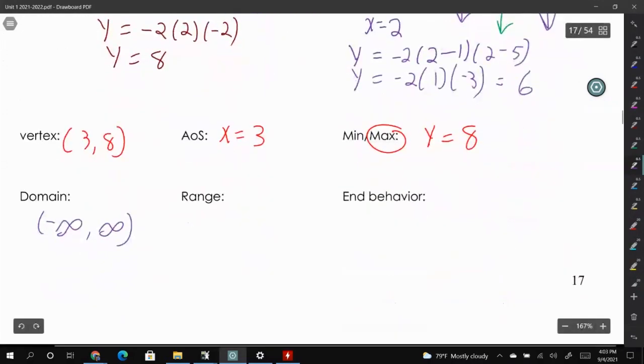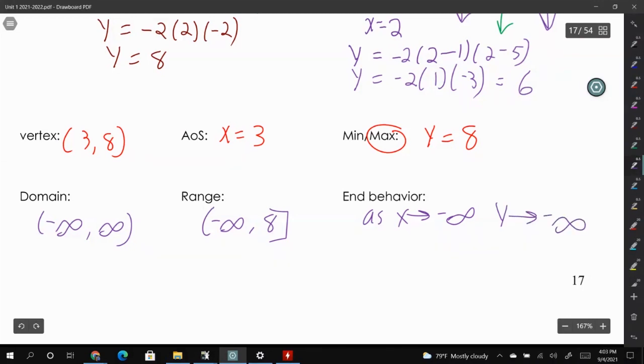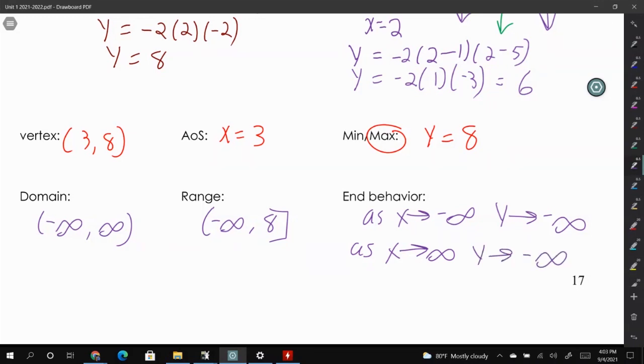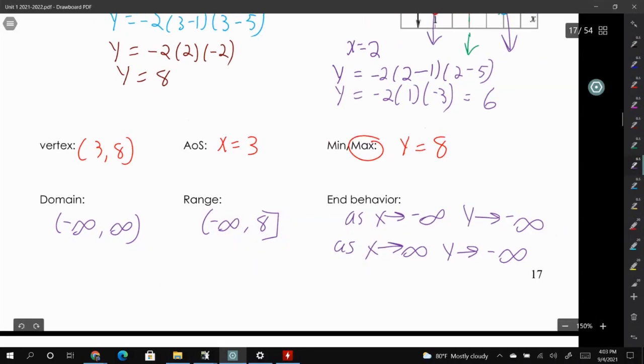In this case, it is 8. So range is negative infinity, comma 8. And end behavior: as x approaches negative infinity, y is also approaching negative infinity. And as x approaches infinity, y is approaching negative infinity because our parabola is opened downward.